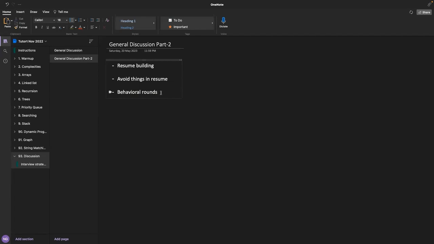Okay. How to answer these questions? To answer these questions, there is something called the STAR approach. Okay. STAR approach means S means situation, T means task, A means action, and R means result.